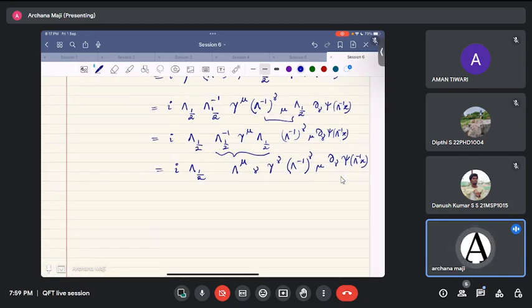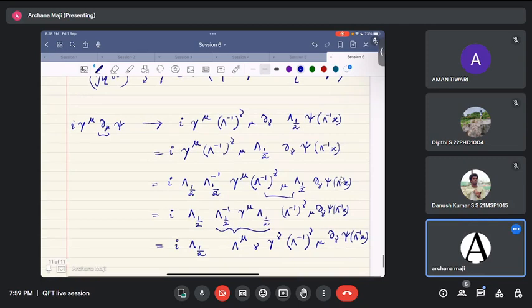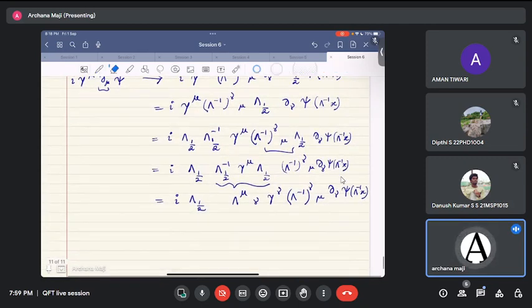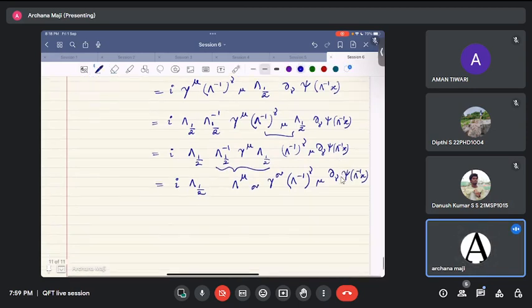Now this lambda mu nu and lambda inverse nu mu will give us, sorry, I shouldn't use the same index, so let's use sigma. Okay, so I was saying that this lambda mu sigma and lambda inverse nu mu will give us delta nu sigma. Okay, and then this sigma will become nu.